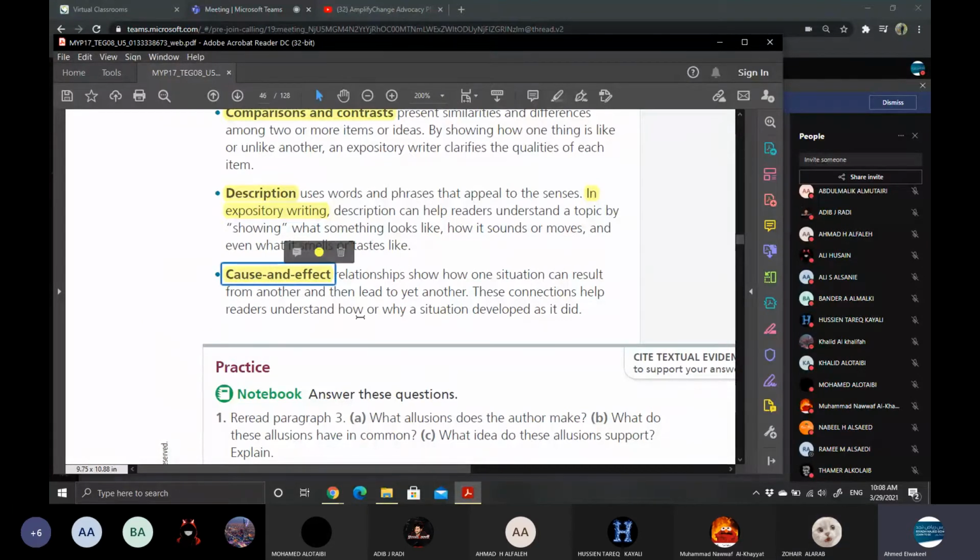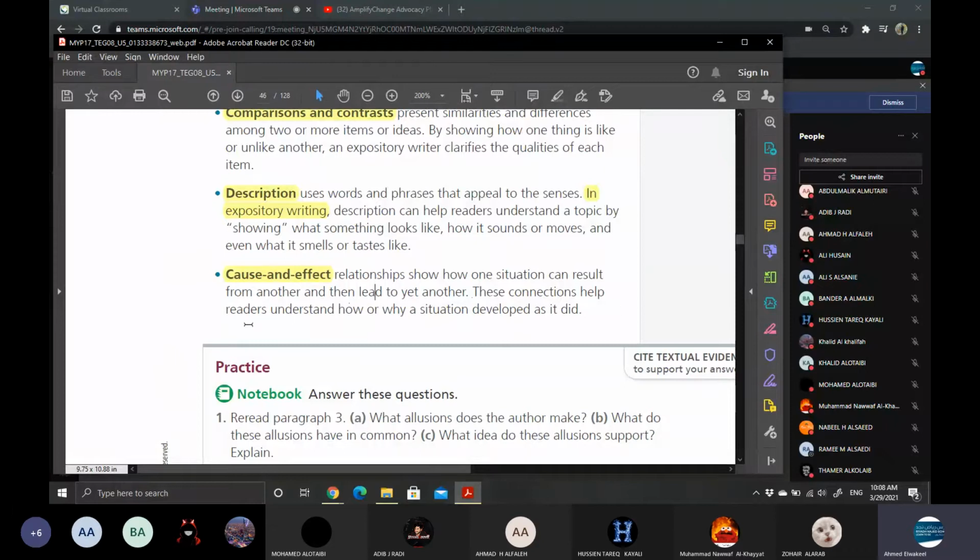So the last point about the expository essay is the methods Neil Tyson used while writing his expository essay. He used cause and effect. Of course, a relationship shows how one situation can result from another and then lead to yet another.